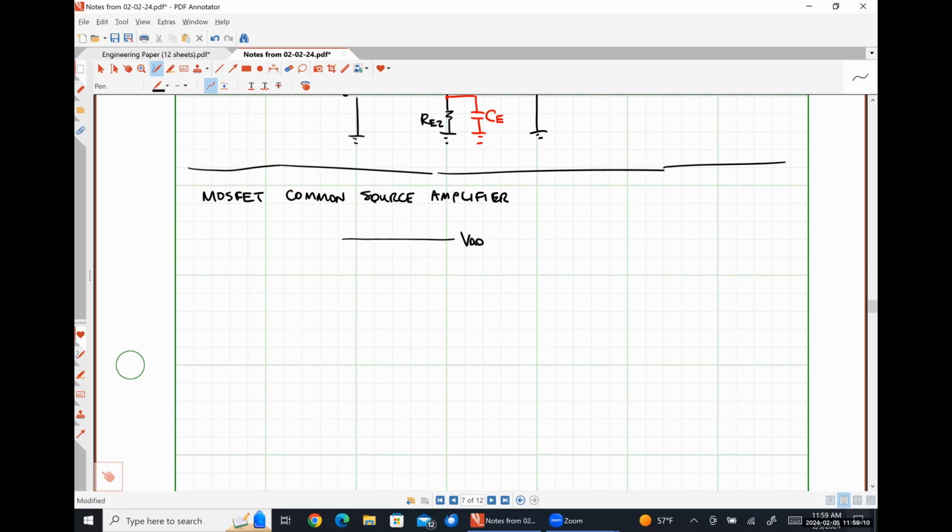Here's VDD. Here's some resistor RS. Here's some resistor. Oh, I have that backwards. I'm sorry. RD should be up here and RS should be down here.